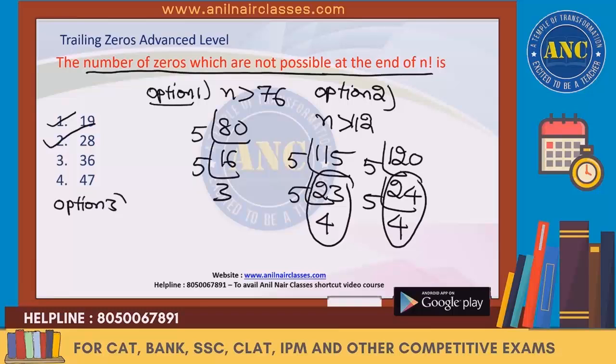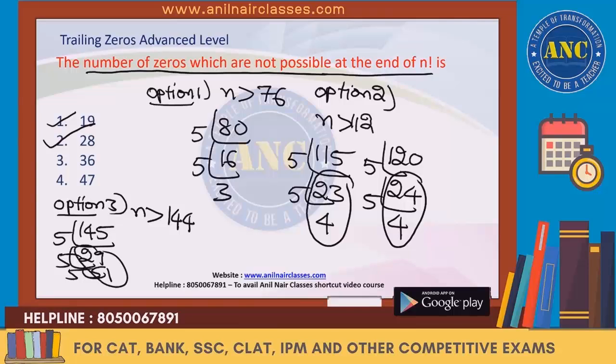Option 3. n is greater than 4x, n is greater than 144. What is the multiple of 5 greater than 144? 5 29s are, 5 5s are, 5 1s are. 35. Next it is 150. 150 is 5 30s are, 5 6s are, 5 1s are. 37.